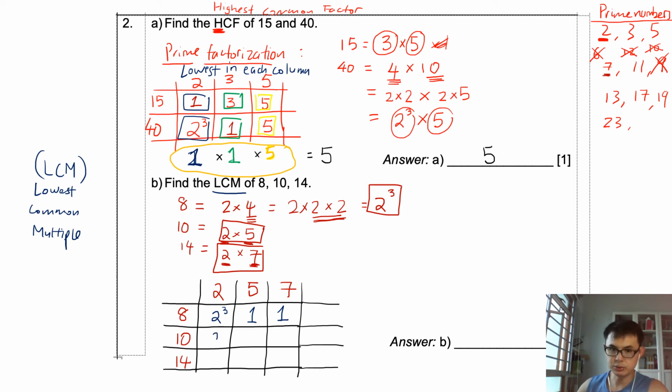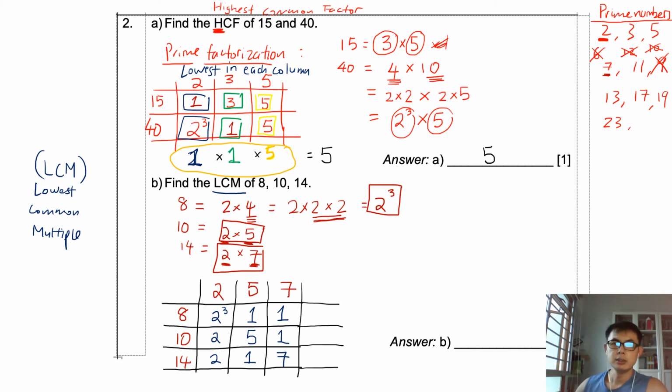So I'm going to put down 2 here. I'm going to put down 5 here. And there is no 7, so I will just put a 1 here. For 14, there is a 2 times a 7. So what do we do with this blank? Just put a 1, okay? Yeah, so that's how you treat blanks in the tables.